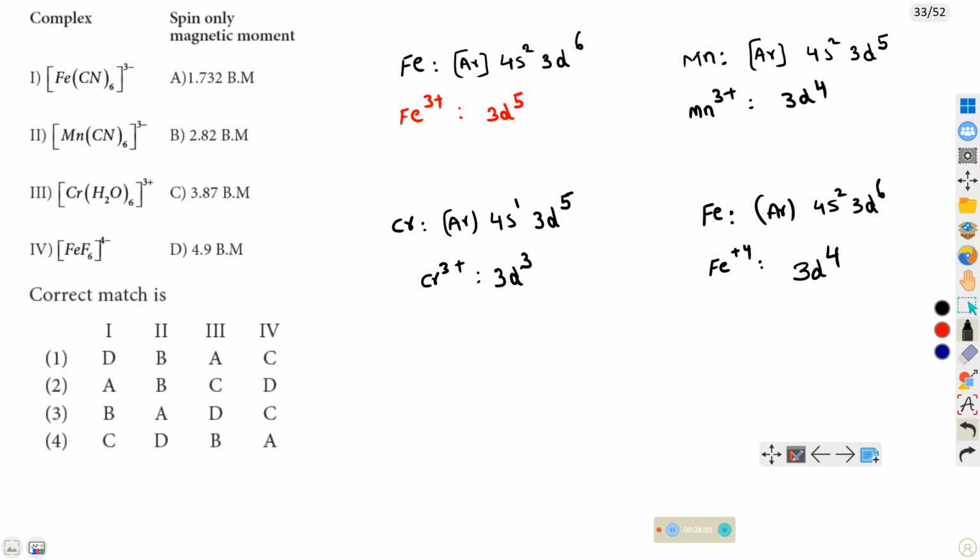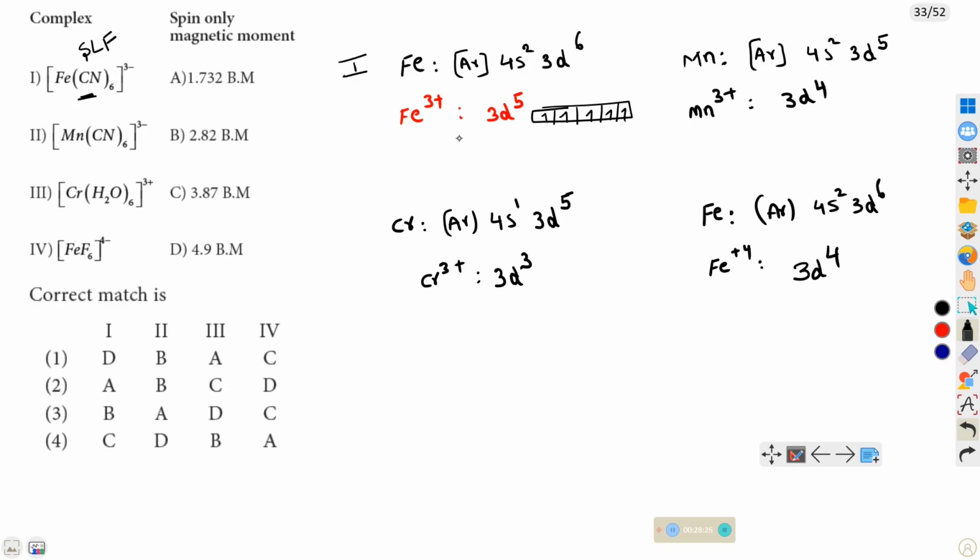Complex, match the following. Complex is given. Spin only magnetic moment value is also given. First, in the first complex, iron is in plus 3 oxidation state. Then electronic configuration is 3d5. But CN is an example of strong ligand field.